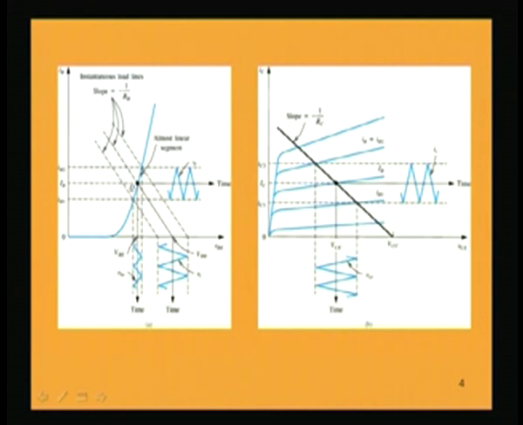So, for that condition we have the DC condition prevailing, and this is the point of operation, called the Q point.